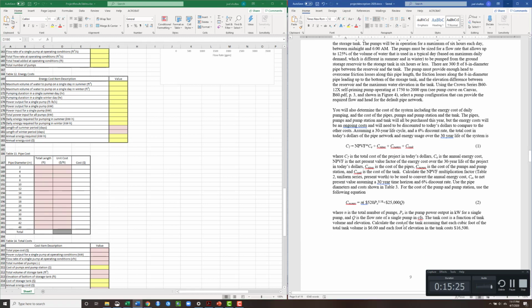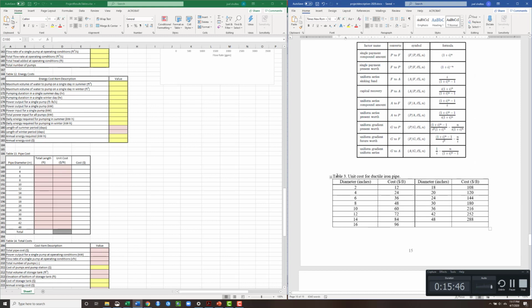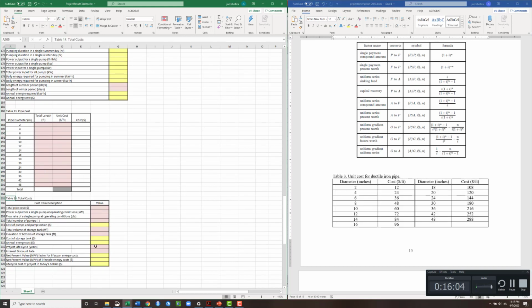And that is given down here in this table. So we have all the unit costs for each pipe. And so you can figure out how much the system costs based on the number of length of pipe and diameter of the pipe.